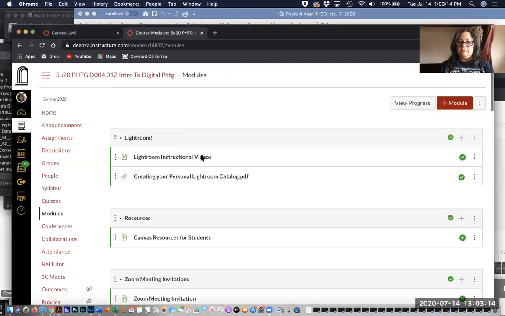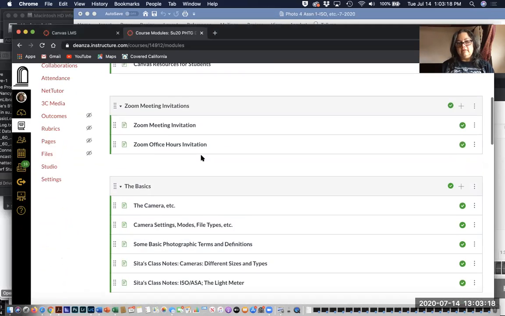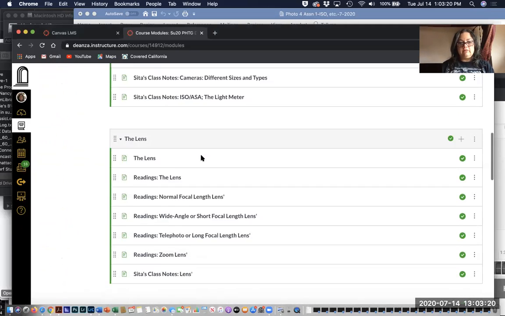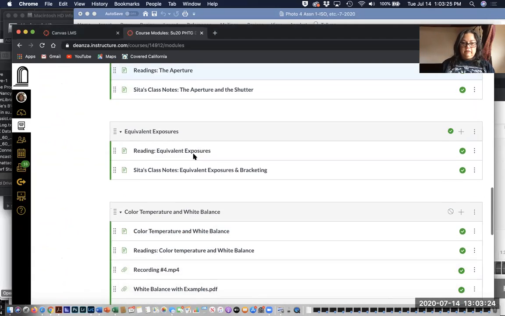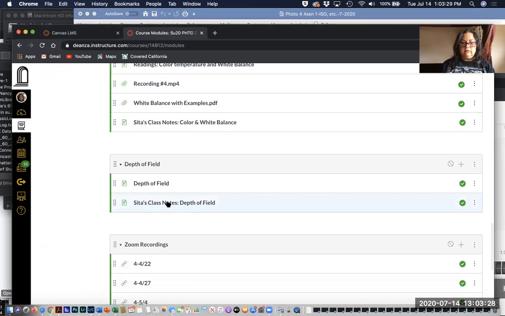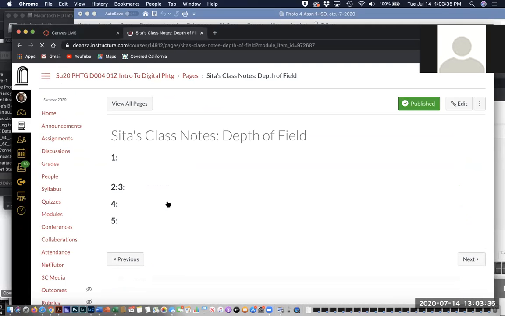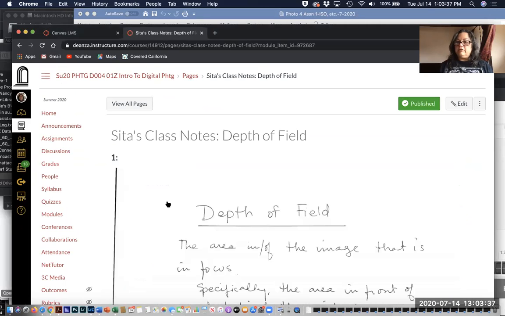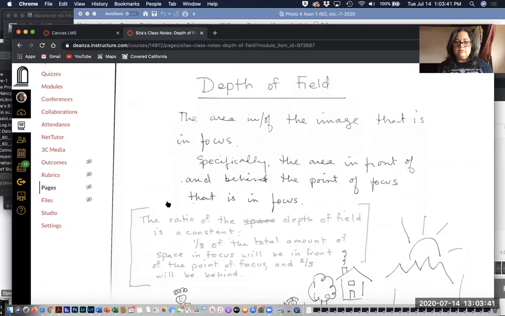So I've gone into modules in Canvas, and they're the basics, the lens, aperture, shutter, equivalent exposures, depth of field. It's in the wrong order. Okay, so can you guys see these notes here? Yes. Okay, thank you.